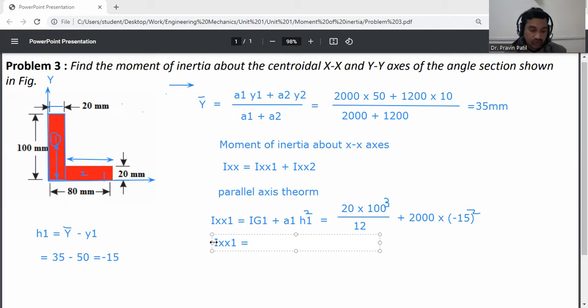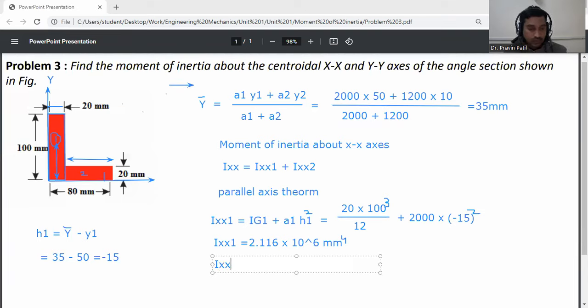Minus 15 squared gives plus 15 squared. So the answer is 2.116 into 10 raised to the power 6 mm raised to 4. So this one is Ixx1.